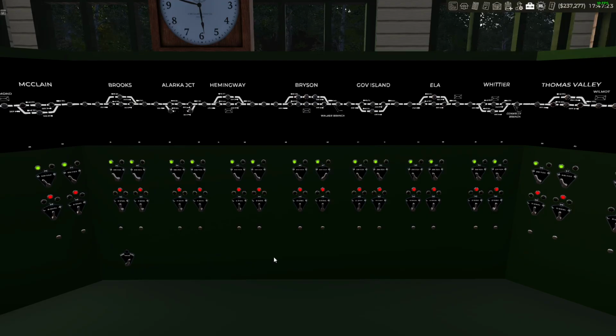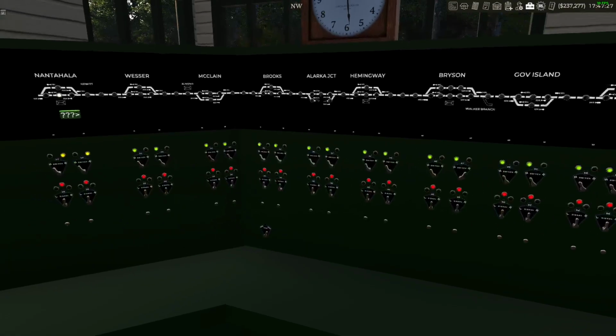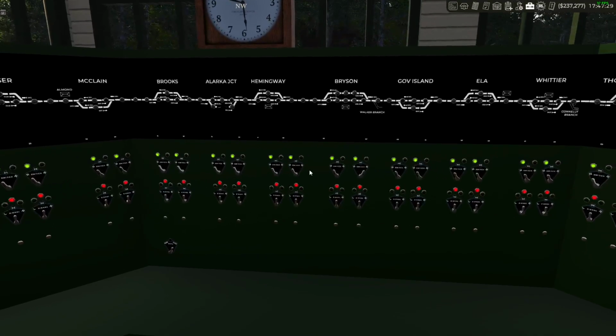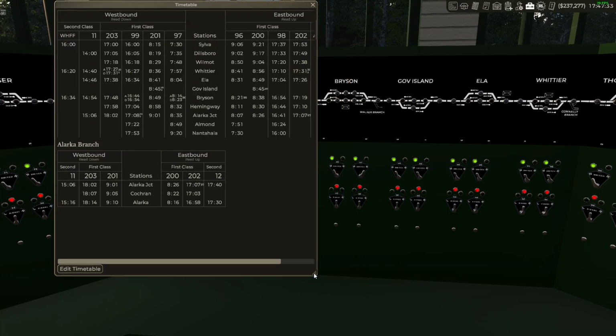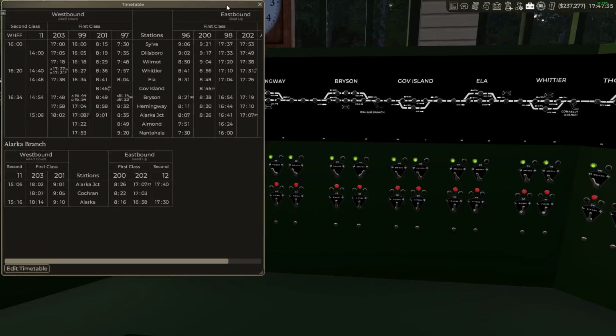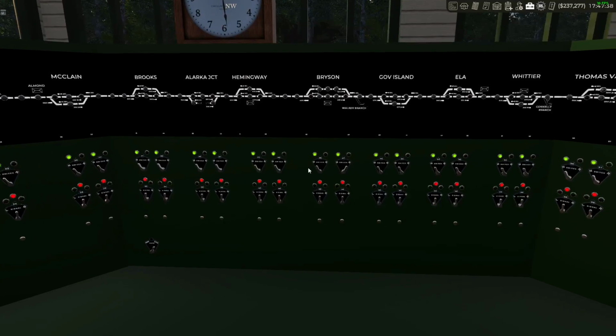So we've got a cast of characters. We've got a bunch of trains out on the line that are going to be hitting the line soon. At least there's a couple of scheduled passenger trains that are running on AI. So they'll probably shout in the upper right hand corner when they're ready to leave, and we'll get them signals.